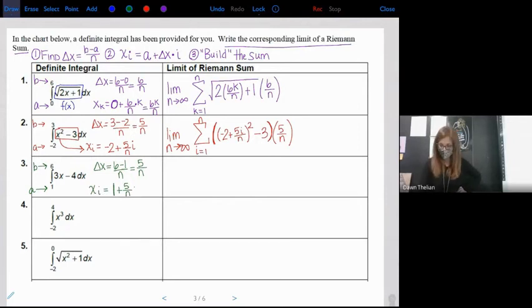All of my Riemann sums are the limit as n goes to infinity. I'm squeezing an infinite number of rectangles under the curve, starting with the first one and ending at the nth one. So the limit as n goes to infinity, the sum of all of the rectangles from first to last. I'm just waiting for my n to show up.